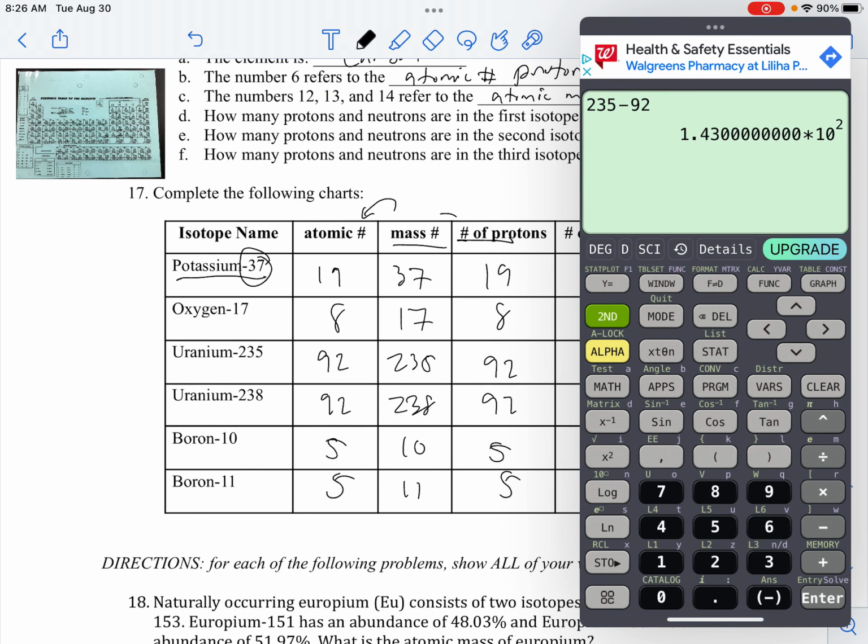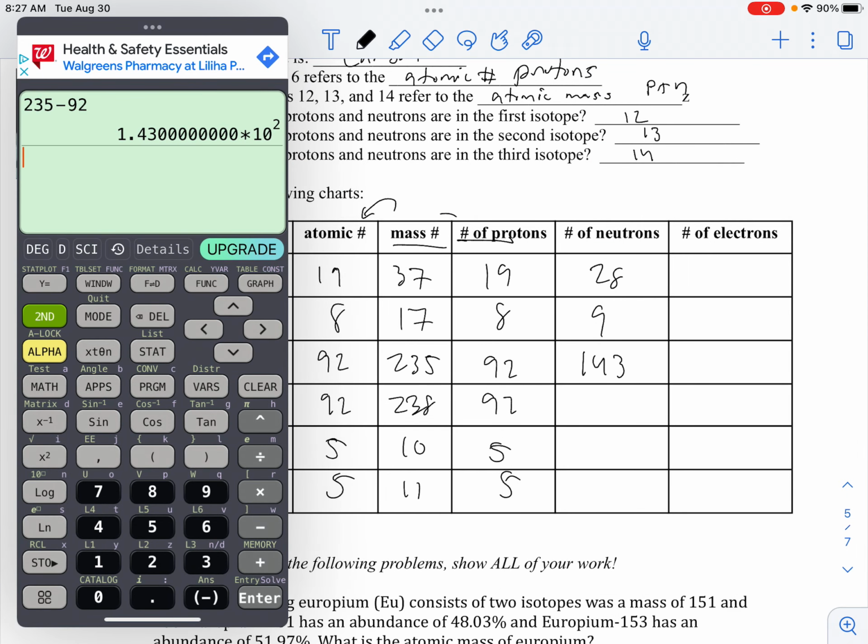Actually, whoops. Oh yeah, no, I did it right. This is 235. Keep doing it. 235. And then 238 minus 92, 146. 10 minus 5, 11 minus 5.